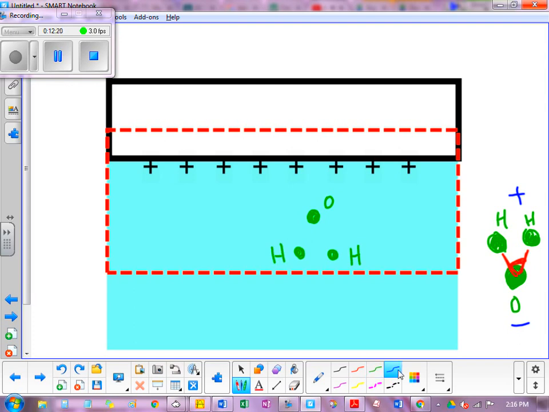So what happens, though, is this creates another field that has nothing to do with the plate. The plate field is coming down, but the little dipoles themselves are producing their own little upwards field. So the little blue field, which comes from one water molecule, ends up canceling a bit with the plate field coming down. And remember, there's billions of these water molecules.